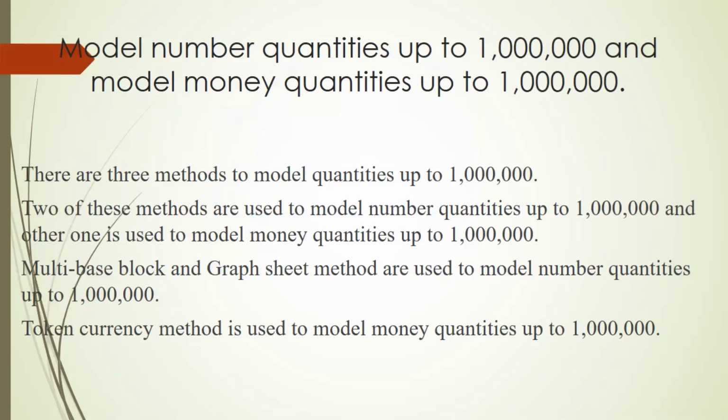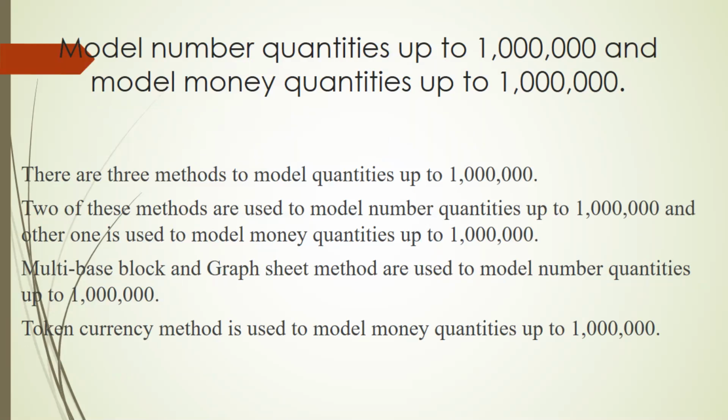Per your level, you're supposed to know how to model number quantities up to 1 million and model money quantities up to 1 million. There are three methods used to model quantities up to 1 million.